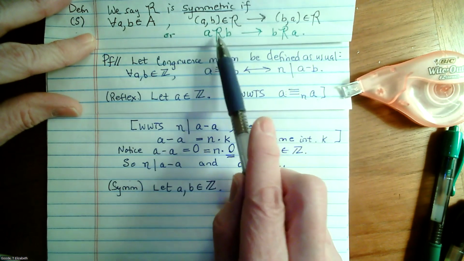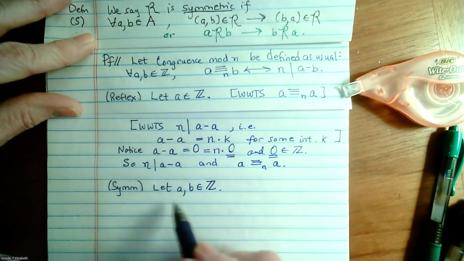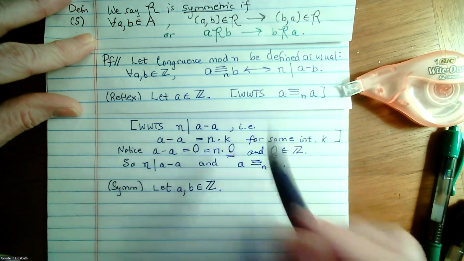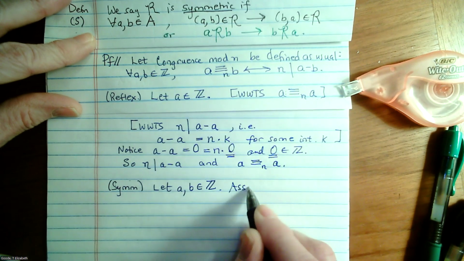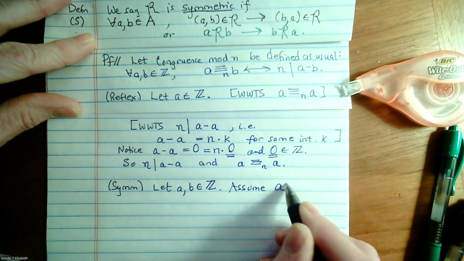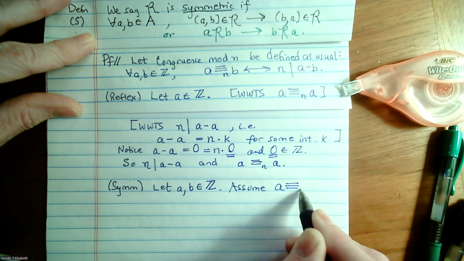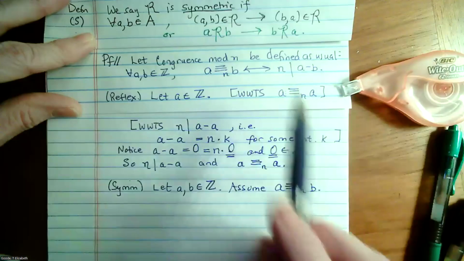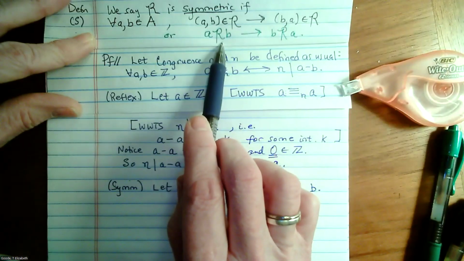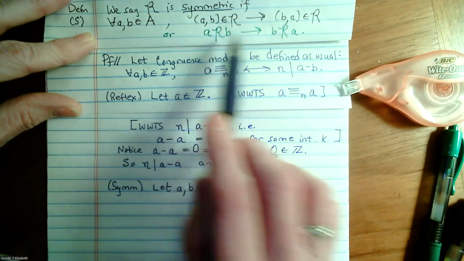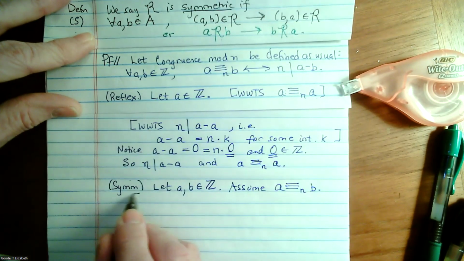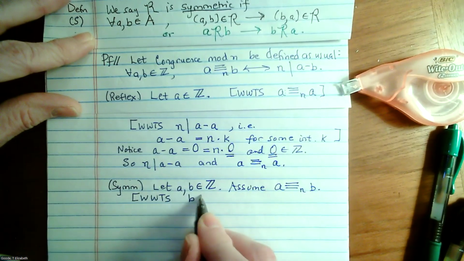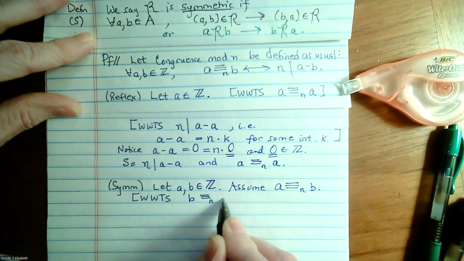We have to assume a is related to b, but here this relation is the congruence relation. So assume a is congruent mod n to b. That's our hypothesis. What do we wish to show? We wish to show that b is congruent mod n to a.